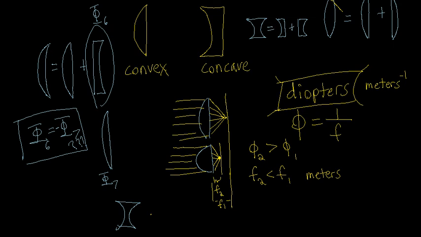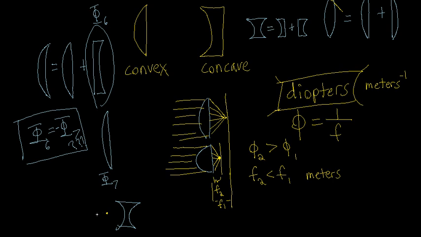But actually, because it's negative focusing power, the focal point on the right side of the lens will be on the left side of the lens. What does that mean? That's very strange.